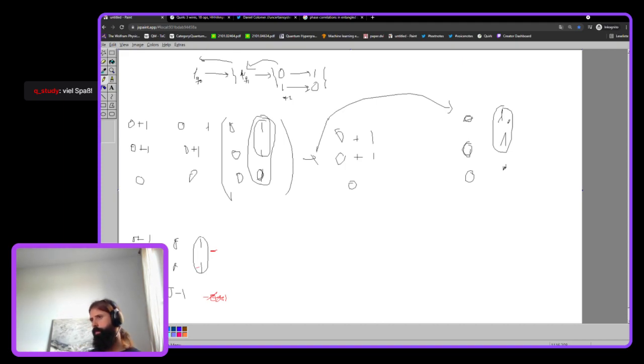Why is this happening? This doesn't happen in 2 qubits, right? This definitely doesn't happen in 2 qubits.